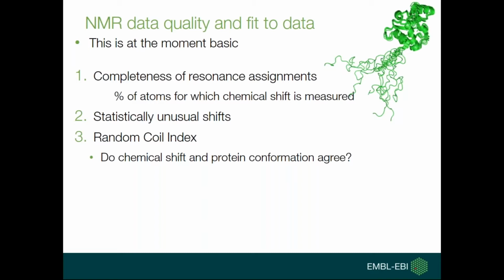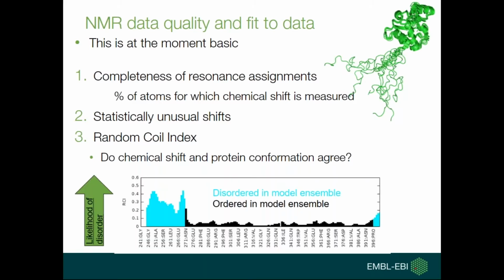And then for the fit of the model to the data, we look at the random coil index. So this asks the question, does the chemical shift and the conformation of the protein agree? We know the chemical shift of an atom is influenced by its secondary structure, by its position within the protein, and whether it's ordered or not. So we ask the question, do these two things match up? And there's a graph here in the validation report.